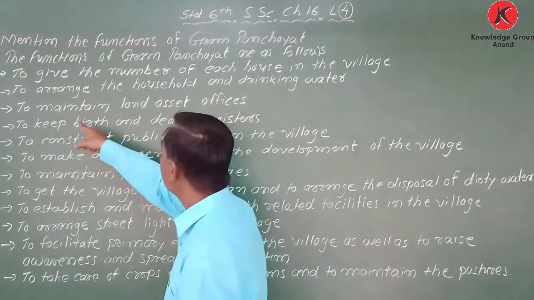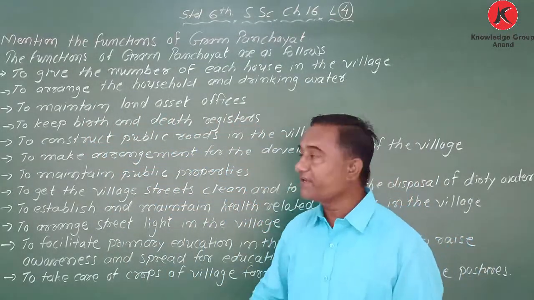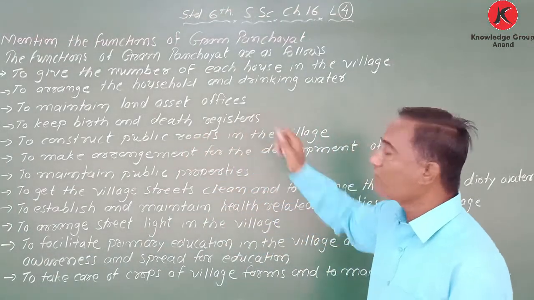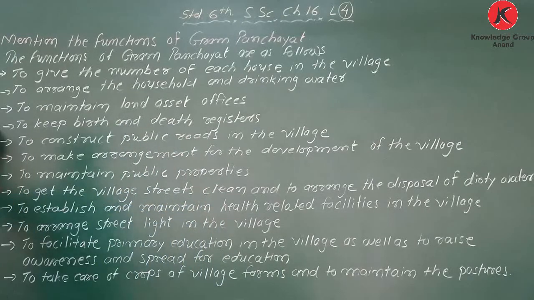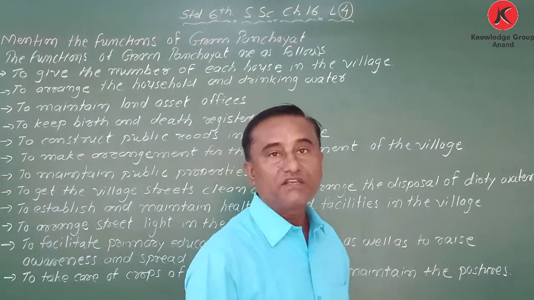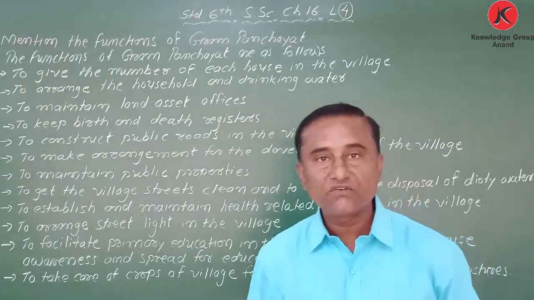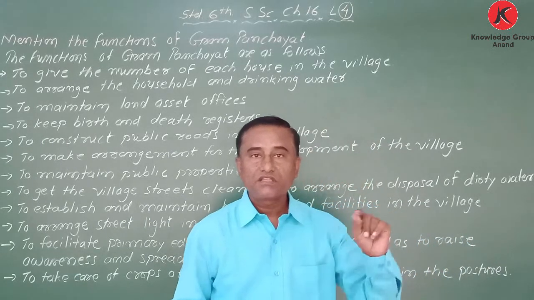Next, to maintain land asset offices. To maintain land asset offices, this function is the most important. Then, to keep birth and death register. Whoever is born or dies in the village, we have to register this thing.